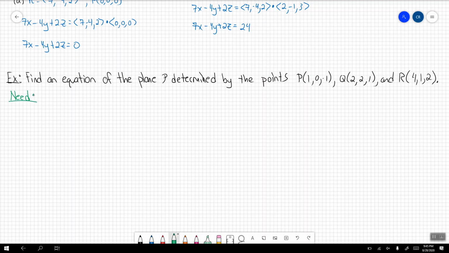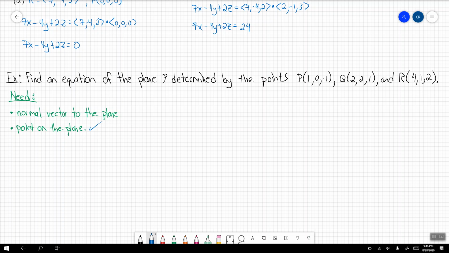Number one, a normal vector to the plane. And number two, we need a point on the plane. So the point on the plane, we actually have our choice. We could choose point P, point Q, or point R. Any one of those three would suffice. So the point on the plane, we have options.